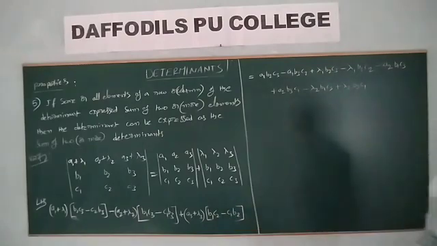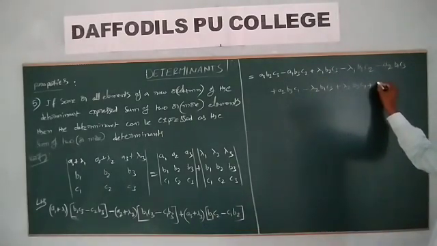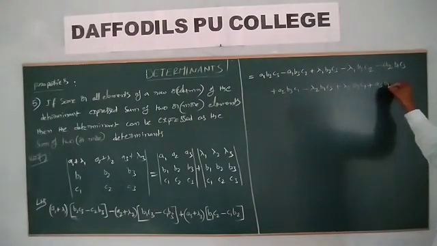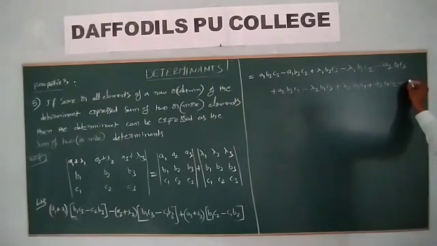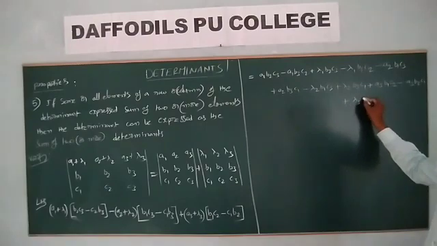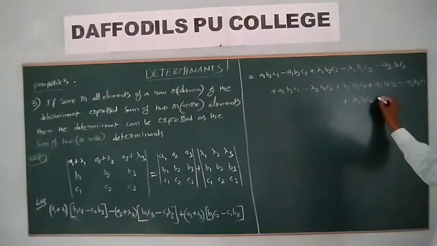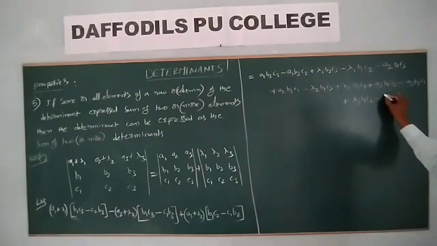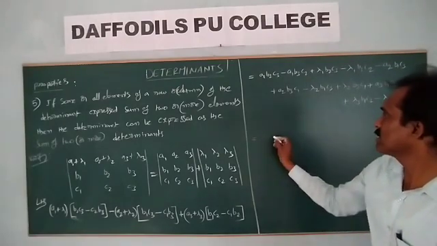Next with this one, plus A3 B1 C2 minus A3 B2 C1 plus lambda 3 B1 C2 minus lambda 3 B2 C1. Okay, write like this.